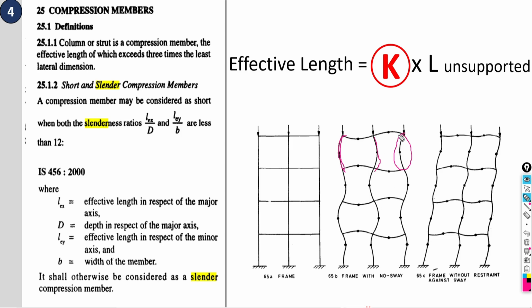We are going to call it single curvature, single plane curvature, in case of the no sway, in case of the restrained one. So there is no chance of the extension of the length.